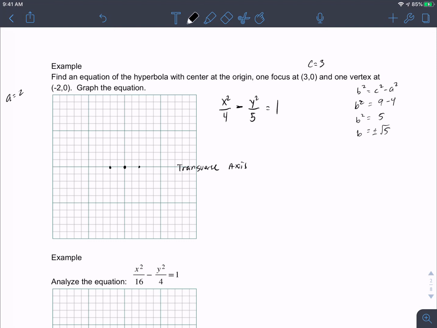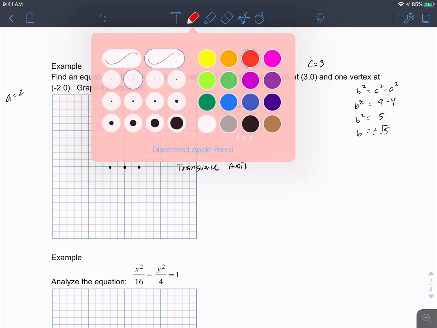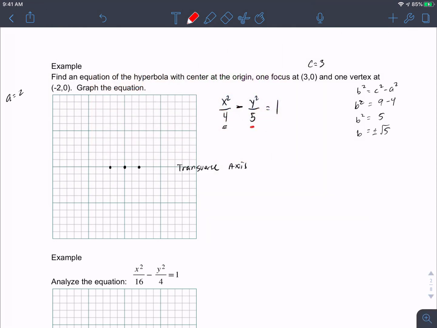One of the things that's neat about this is it also gives us a lot of information. So this bottom number 4, if we take the square root of that, that's going to be the distance along the transverse axis from the origin. If we take the square root of 5, that is 2.23.